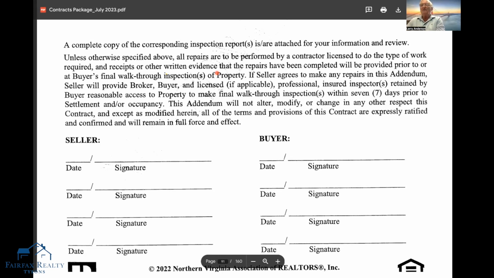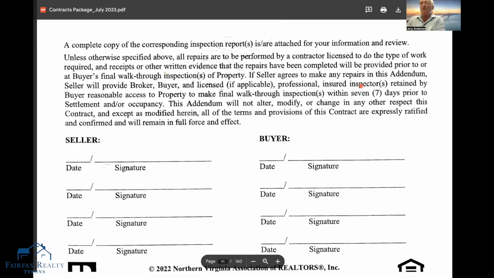So what I would do if I was the purchaser, I would say these items had to be completed 8 days prior to settlement. Because we're coming out there on the 7th day before settlement to make sure they were all done properly.